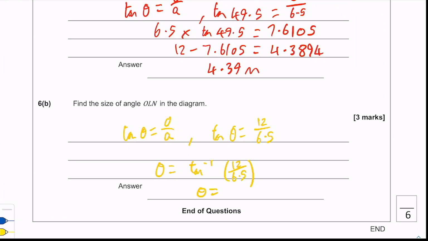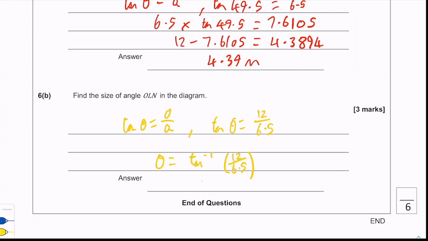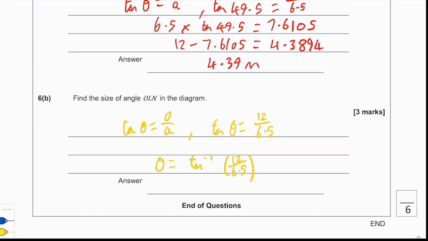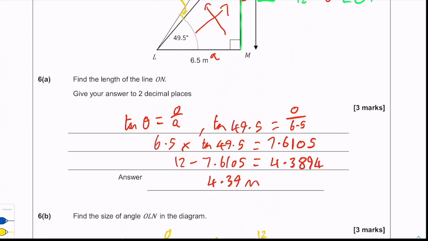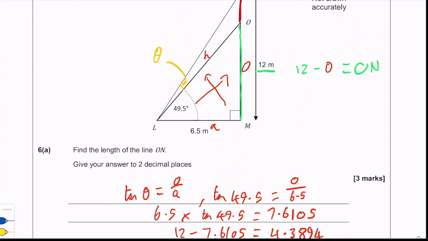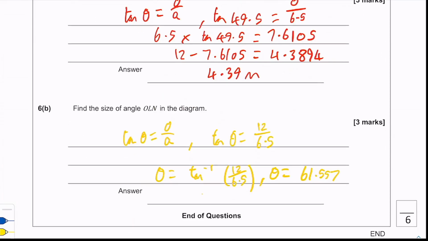Oh, no it doesn't, not quite. So let's work this out first. So tan to the minus 1, 12 over 6.5, okay, 61.557. Okay, and then we know the size of this angle, so we do our answer, take away 49.5.